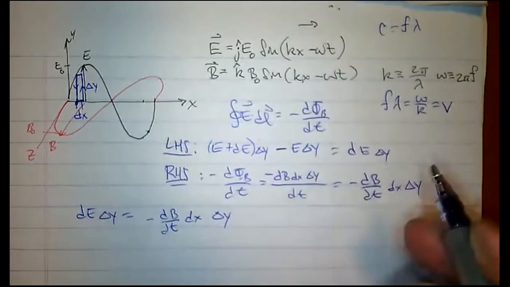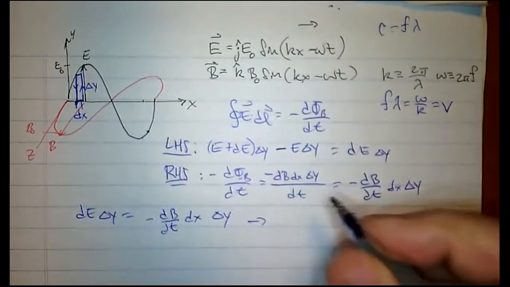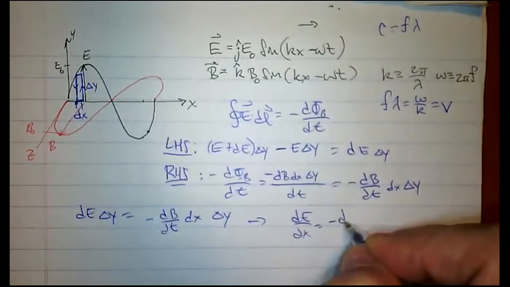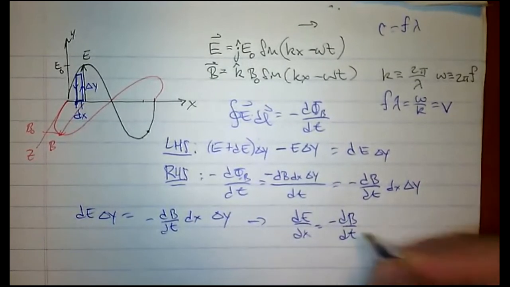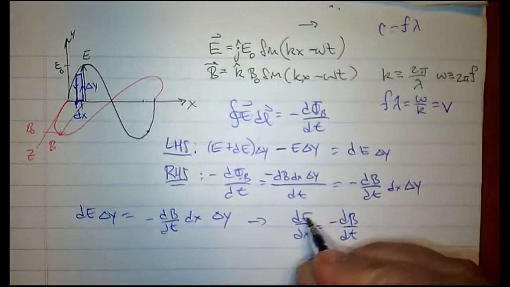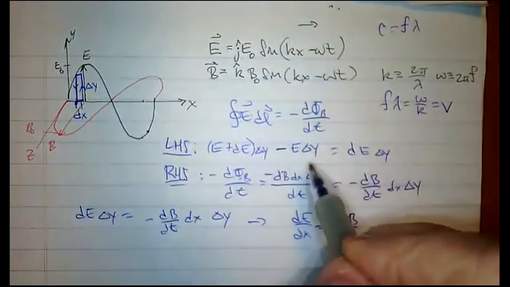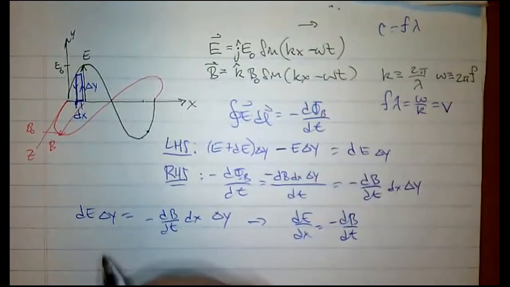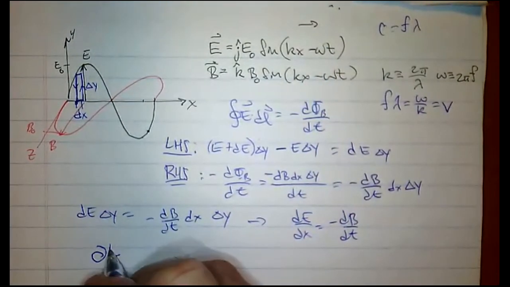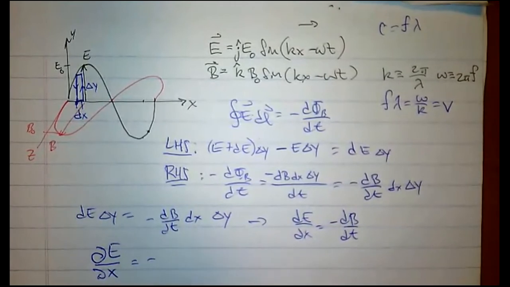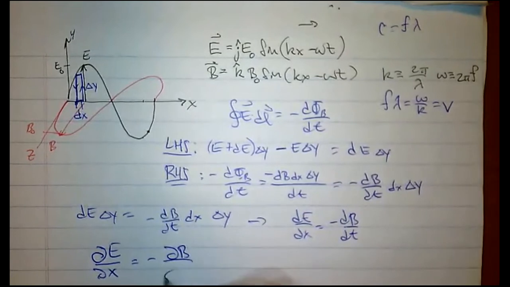That's got to be true for any delta y. So that gives me dE over dx is equal to negative dB over dt. But in reality, E and B are both functions of position and time, so I can't really use these plain derivatives. In fact, I'm supposed to use the partial derivatives, which is the partial derivative of E with respect to x is equal to the negative partial derivative of B with respect to t.